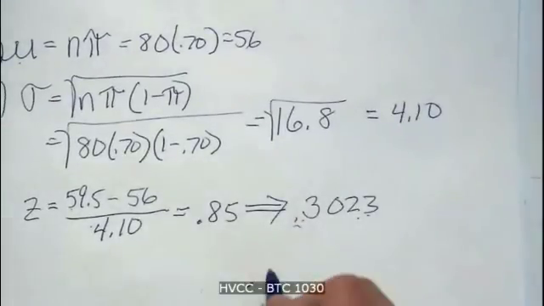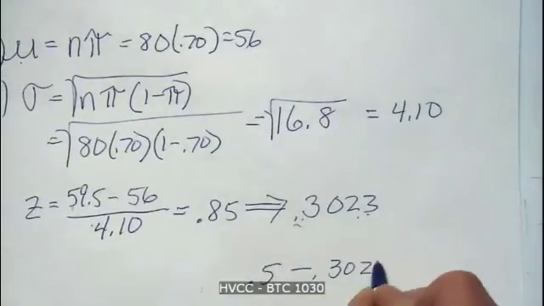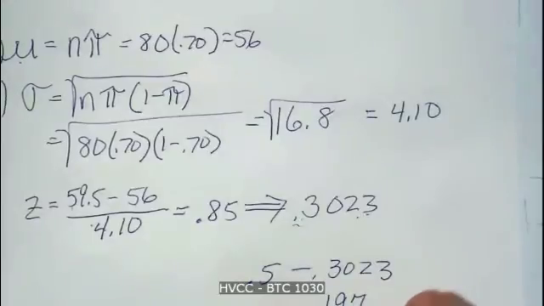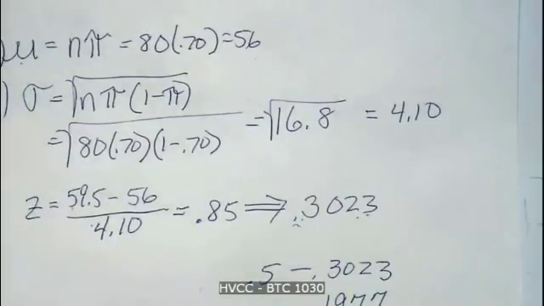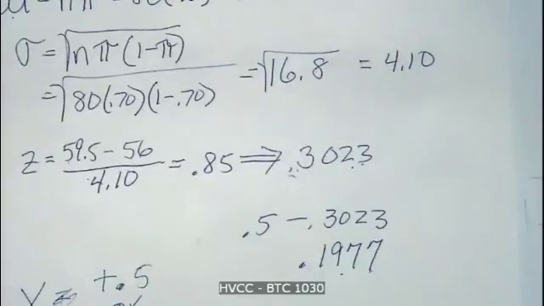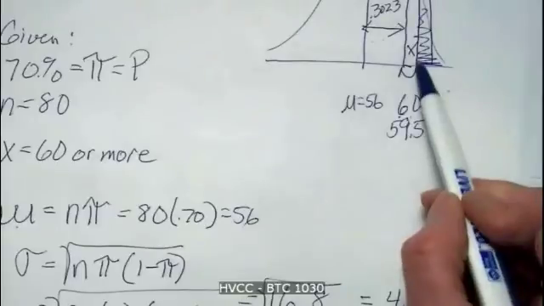So we have to say 0.5 minus 0.3023, and we get a probability of 19.77. This is the example that I have on my PowerPoint presentation, so that will help you. Okay? So in this case, the x value we had to subtract.